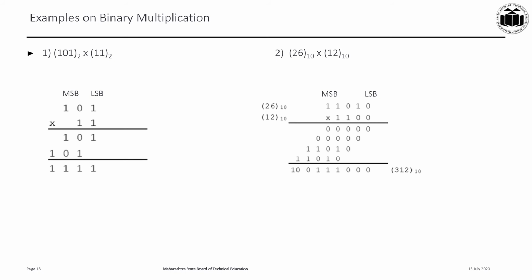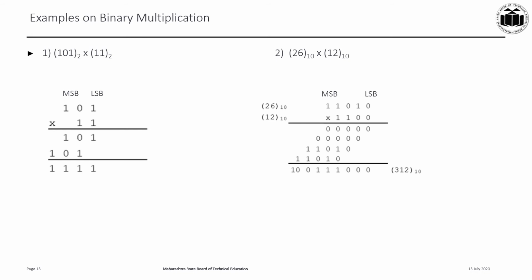Now for the next bit of the multiplier, you need to shift left 1 position and you multiply 0 again with 11010, which will again give you all zeros. Coming to the third bit of the multiplier, which is a 1, you need to multiply with 11010 and you shift left 2 positions and write 11010.